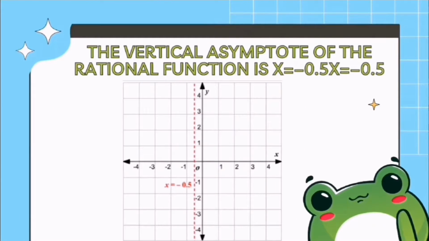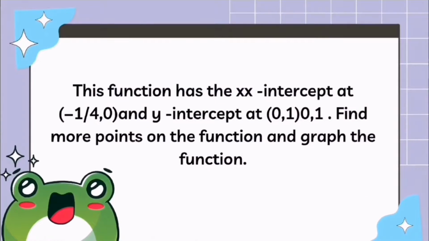The vertical asymptote of the rational function is x equals negative 0.5. This function has the x-intercept at negative 1/4, 0 and y-intercept at 0, 1. Find more points on the function and graph the function.